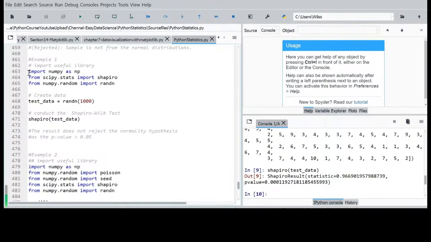First we import several modules: NumPy, from the scipy.stats module import shapiro, and from NumPy's random module import randn.